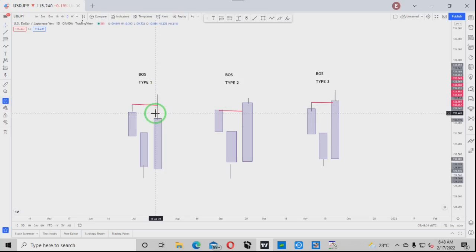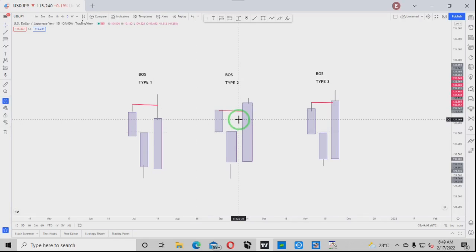Now this candle wick has broken this candle wick, meaning that the first type of break of structure is a candle wick breaking a candle wick. But at Rally Top, we do not consider this as a break of structure. Some other people consider it as a break of structure, but we at Rally Top don't.